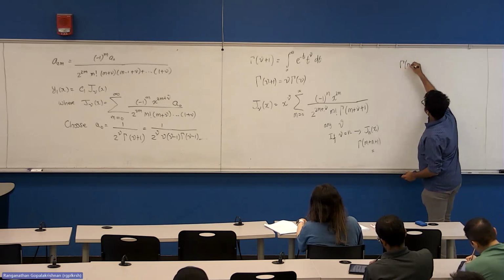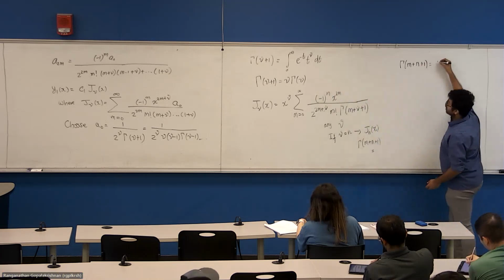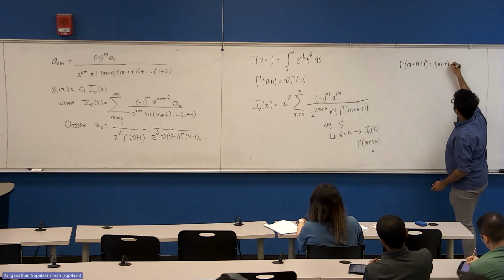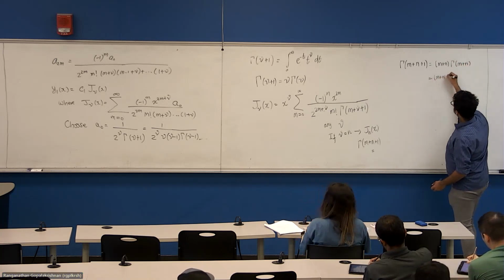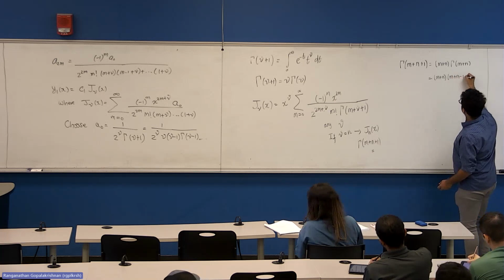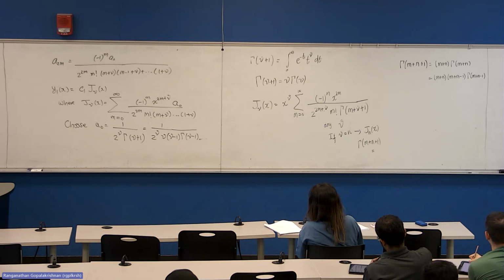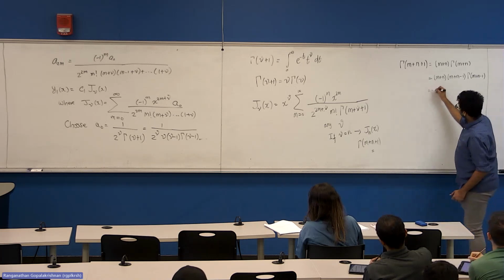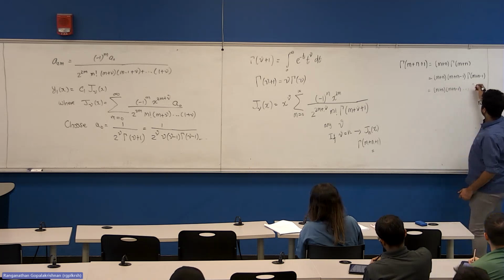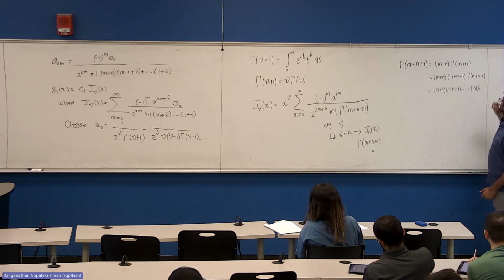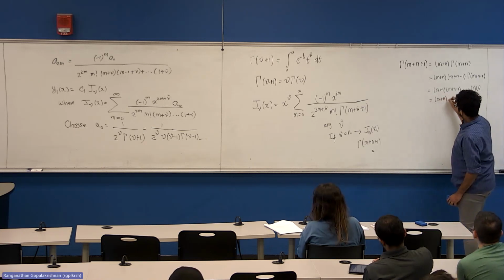Gamma of m plus n plus 1, if you use this identity, would be m plus n times gamma of m plus n, which would be m plus n times m plus n minus 1 times gamma of m plus n minus 1. Knowing that m and n are integers, you will eventually end up with m plus n minus 1, and so on up to 2, and then finally 1, which is nothing but m plus n factorial.